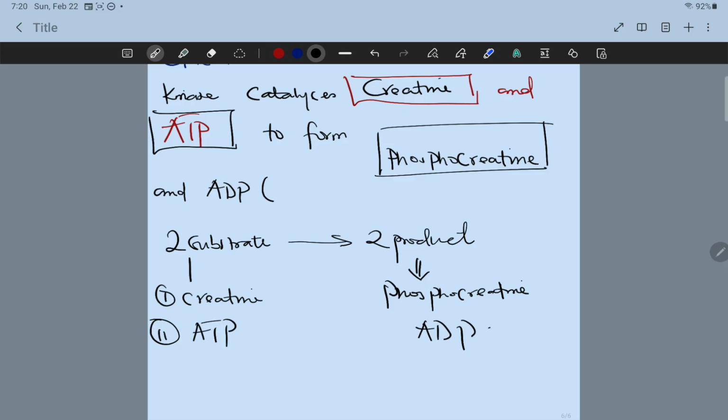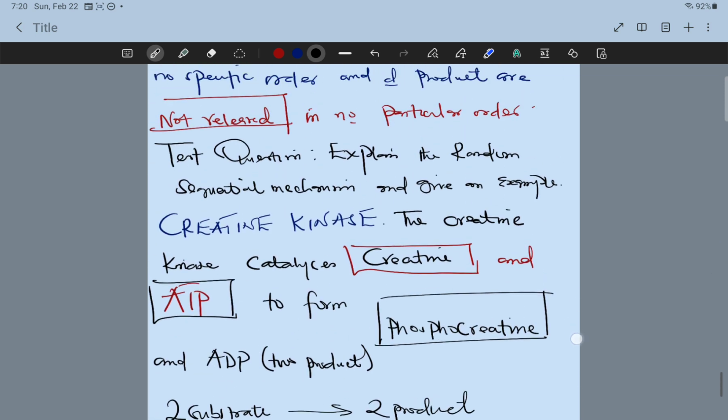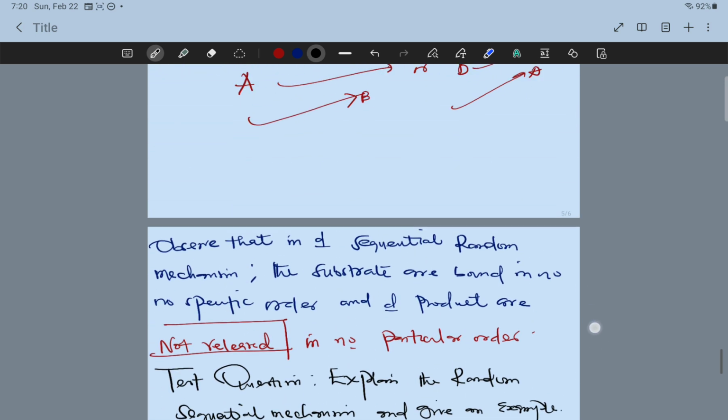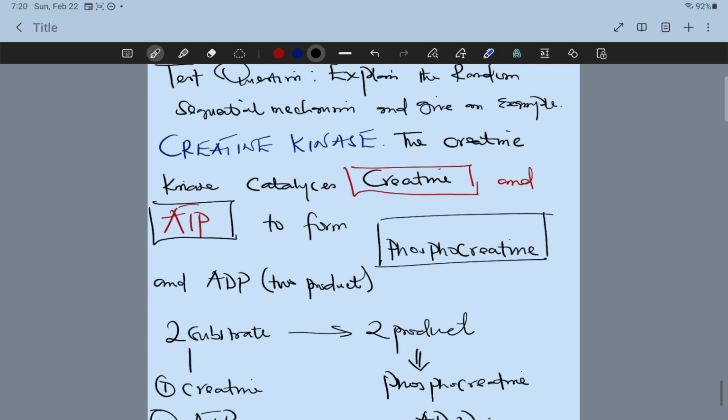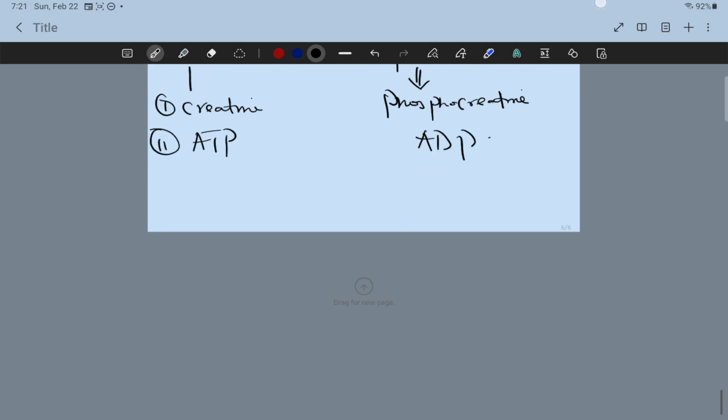So we can put that in a bracket here and say two products. Two substrates, two products. So this is a classical example of the sequential random mechanism.